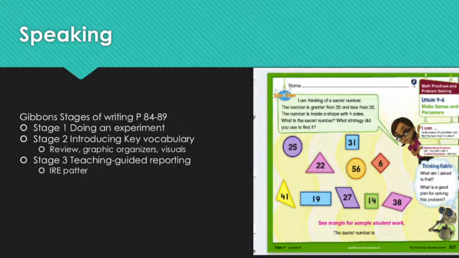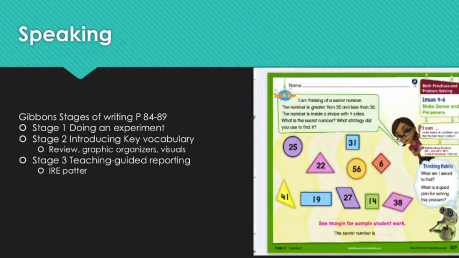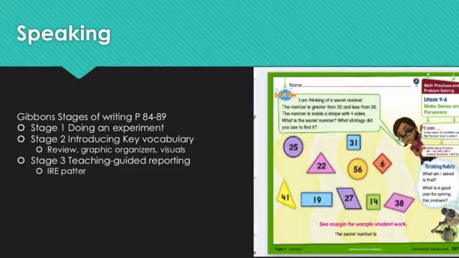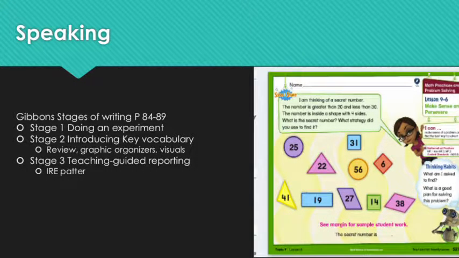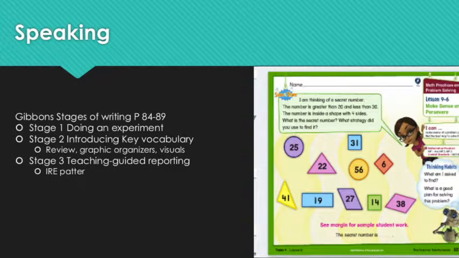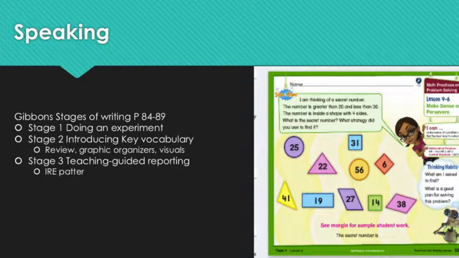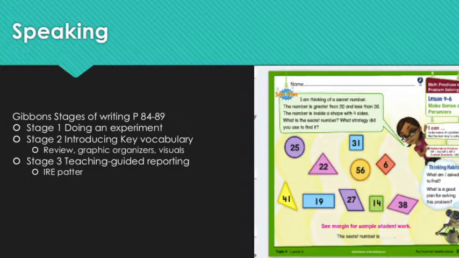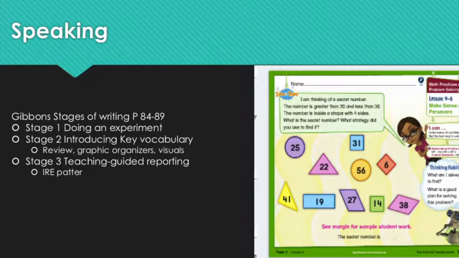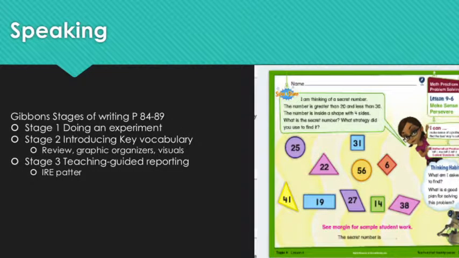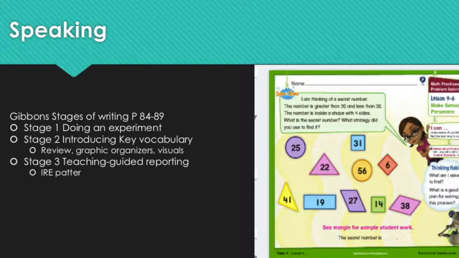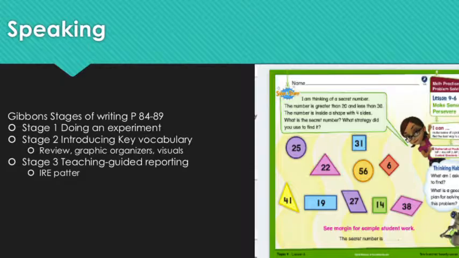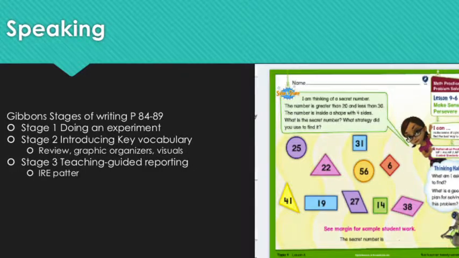Stage 3 is teaching guided reporting, and that's the IRE pattern. I have to admit that I was one teacher that would ask a question, get a one-word answer, ask a question, get a one-word answer, and kind of move on. But with this new pattern, a more explicit technique is when you ask a question to the students, and the students maybe add on with one word, and then you can ask another classmate or have them talk to their peers in a small group.